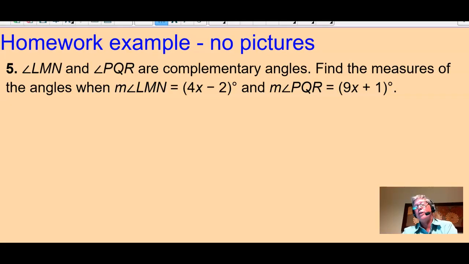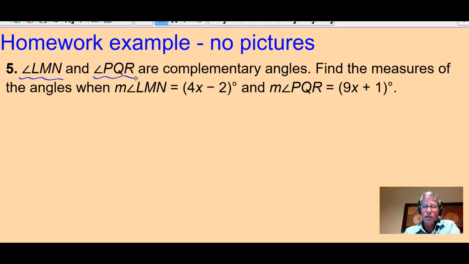All right, sometimes there is no picture. So in other words, another pay grade here, because you can't have a picture for everything you see and work on. So you have to just read it, see the picture in your mind, draw a picture, and you should be good. We have two angles. There are no letters in common, so these are non-adjacent. They're not touching.